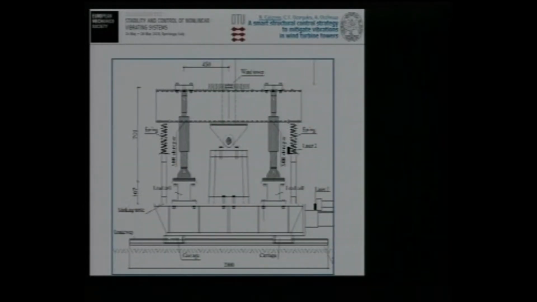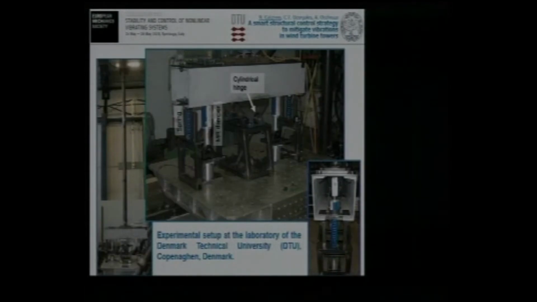This is a zoom of the same picture. We can see the presence of the load cell to measure the force within the damper, and the lasers in order to measure displacements. We cannot see them, but there are some strain gauges in order to measure the deformation and then derive the stress at the base of the tower.